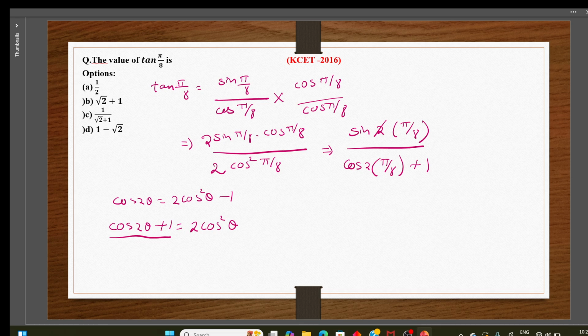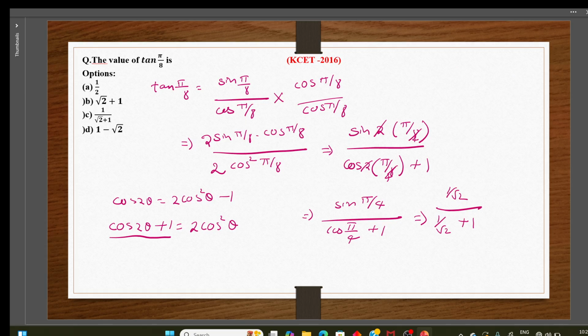So 2 cancels, and we get sin pi by 4 by cos pi by 4 plus 1. Sin pi by 4 means 1 by root 2, and cos pi by 4 is 1 by root 2.